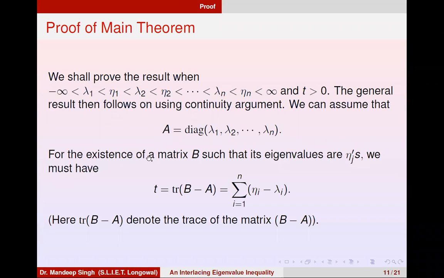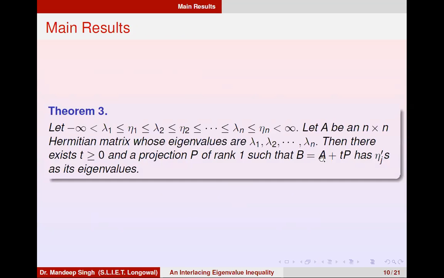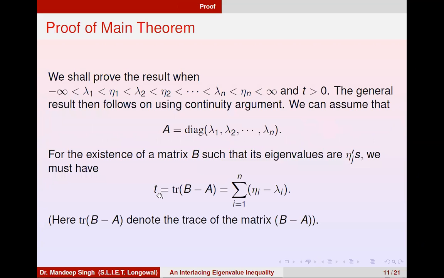Right. Then I am to choose my matrix B such that it should be A plus T P, where P is a rank 1 projection. So what is the need? T must be in that case certainly trace of B minus A, which is the sum of eta j minus lambda j.